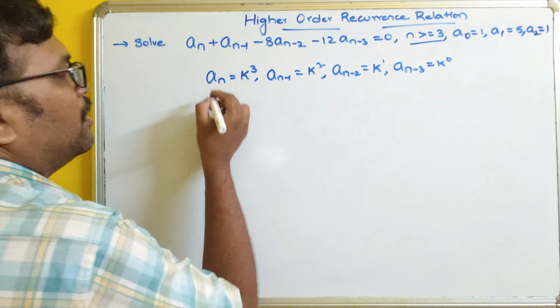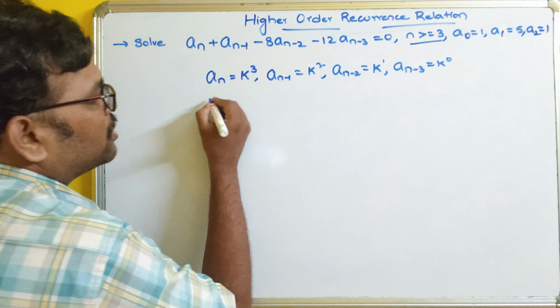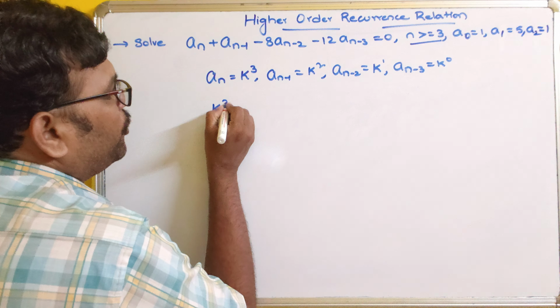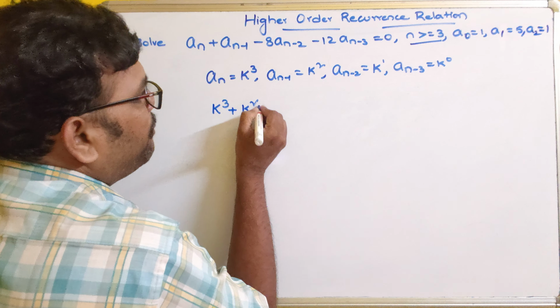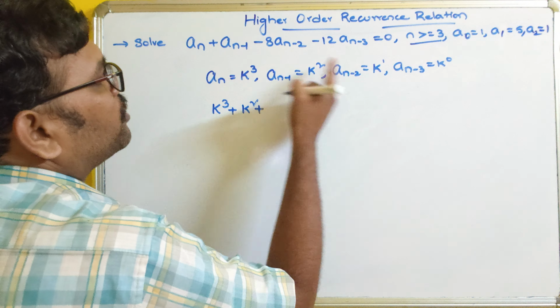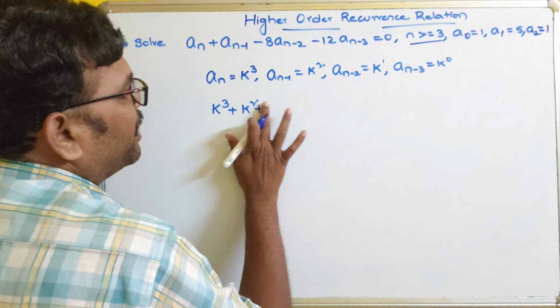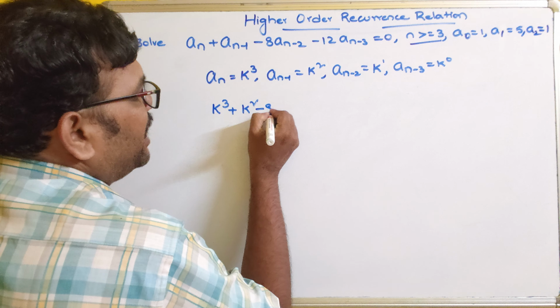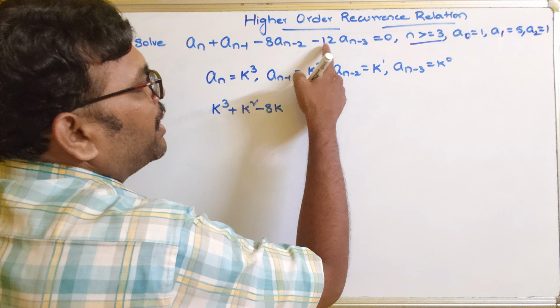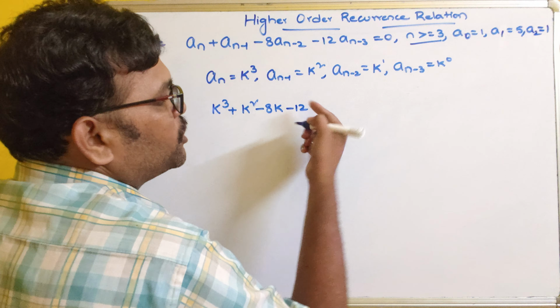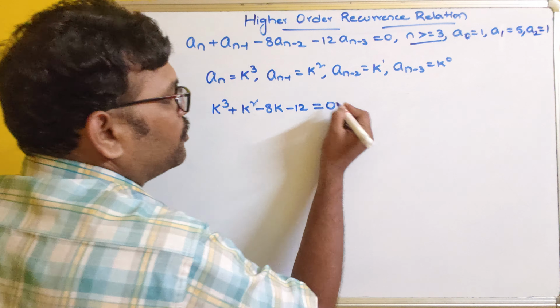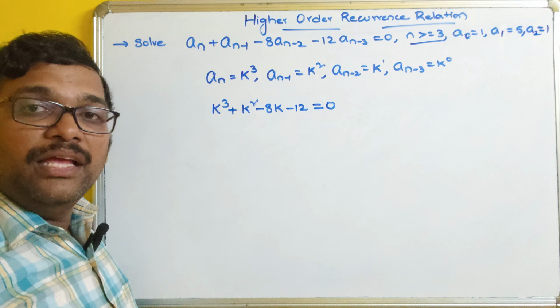Okay, now using the same thing, the auxiliary equation will be k cube plus k square minus 8k, here the coefficient is minus 8, and minus 12 is a constant, k power 0 means 1. So that becomes 0.